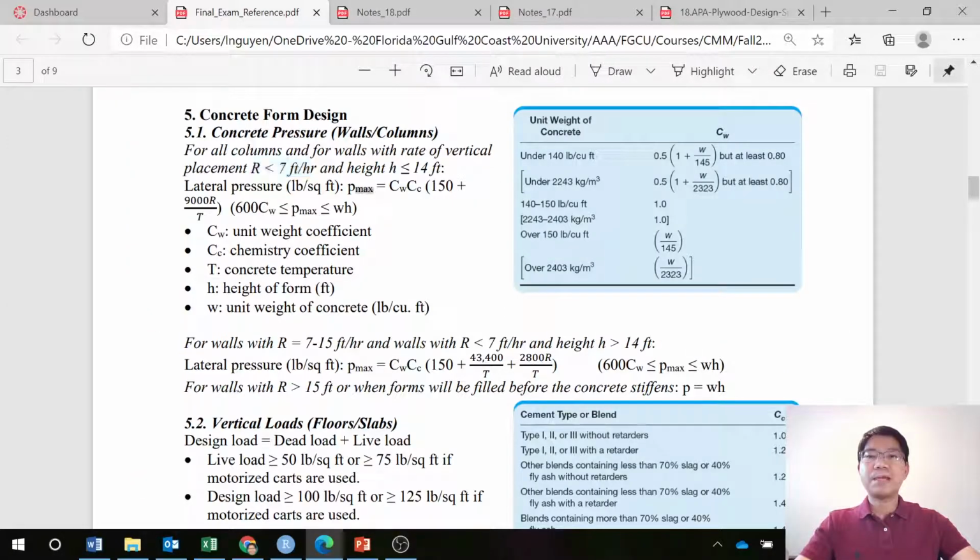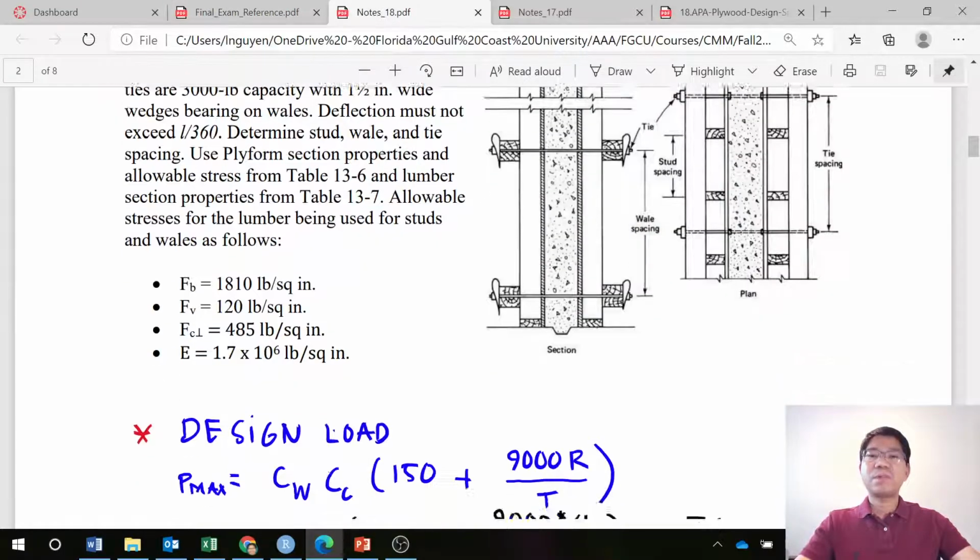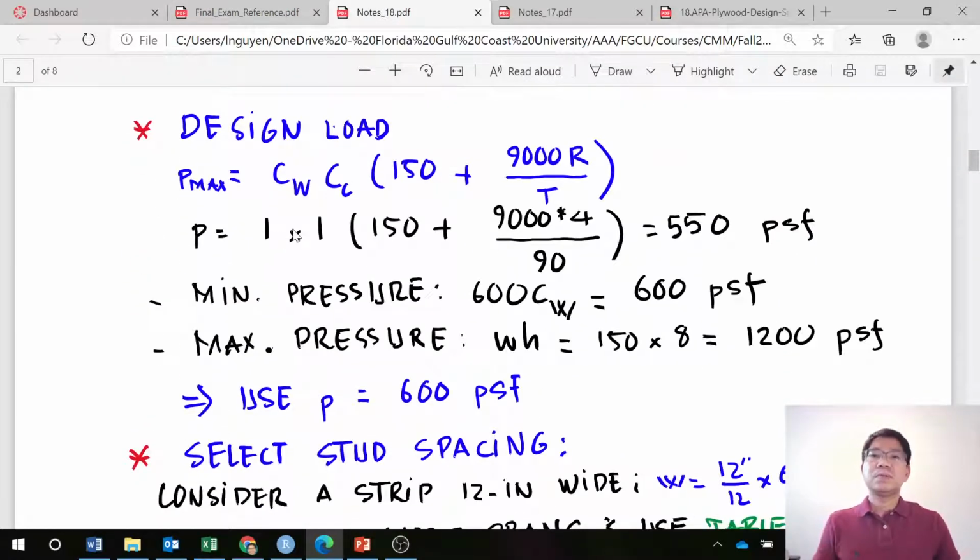So we can apply this equation and go back to this problem. Pmax, plugging the numbers in, we get 550 pounds per square foot. But it has to be in the range of minimum pressure, which is 600 CW, and CW in this case equals 1, so 600 pounds per square foot.